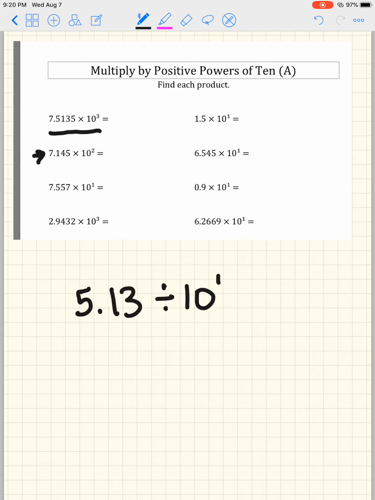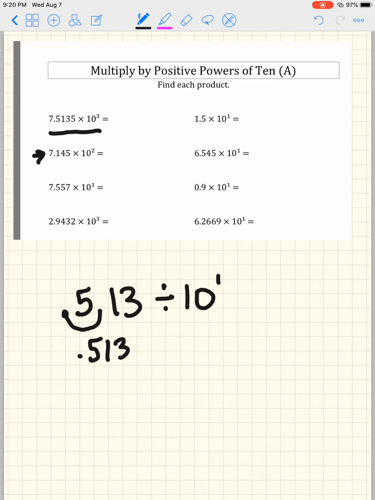So if I have 5 and 13/10 divided by 10, remember our values are going to get smaller. So our decimal is moving over 1 place. So our answer is 513 thousandths.